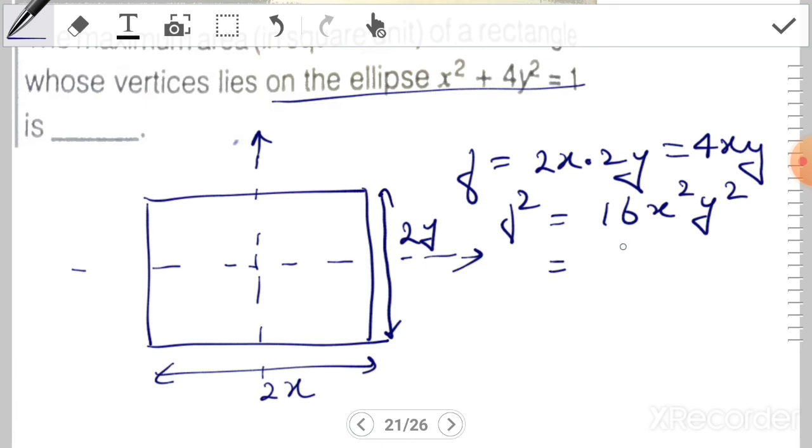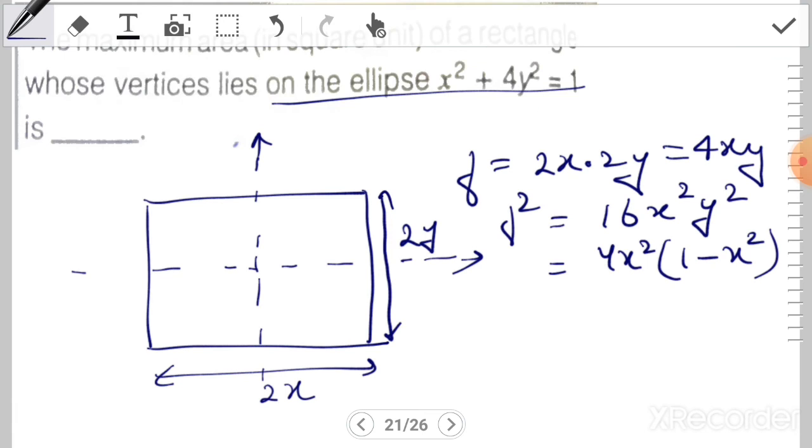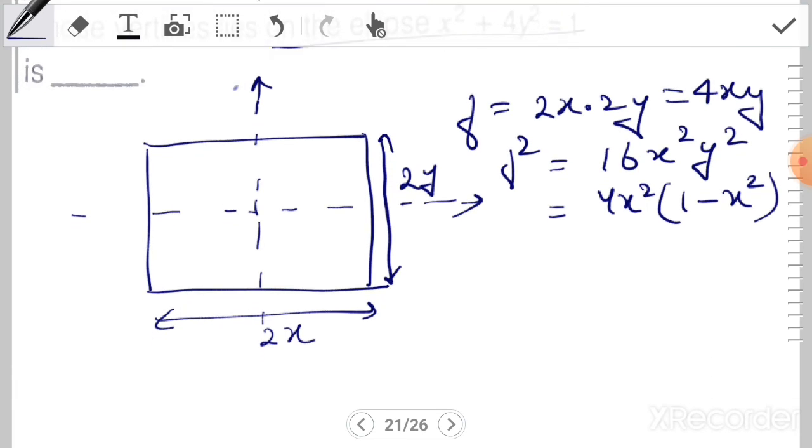Now we can replace 4y square with 1 minus x square, so 4x square into 1 minus x square, since 1 minus x square is 4y square. Say this is function f.